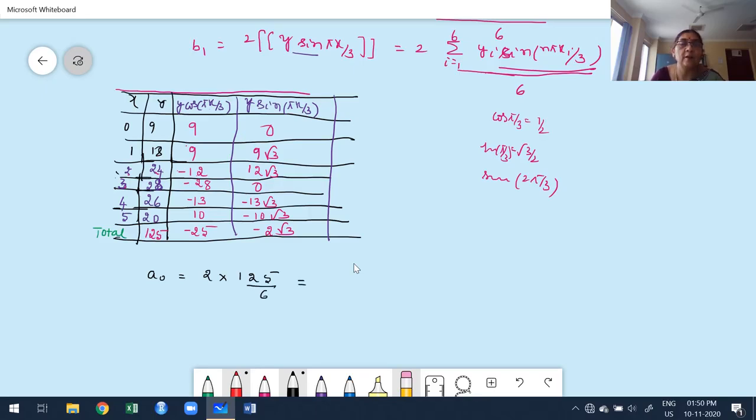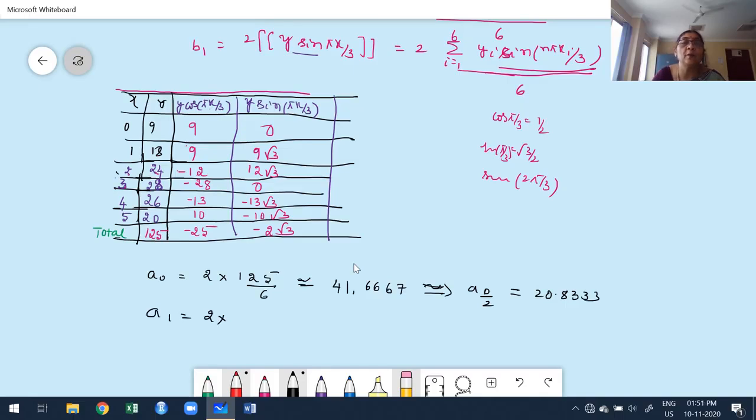After simplification we get 41.6666. Please round up to 4 decimal values. You do the calculation. This implies A naught by 2 is half of this, 20.8333.